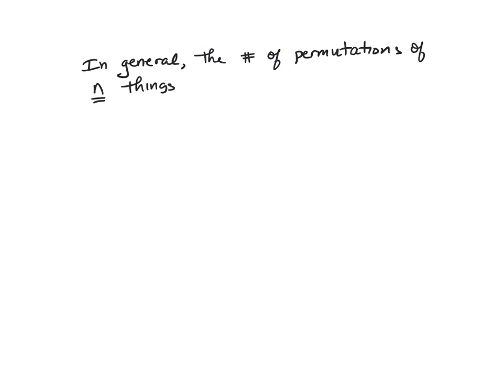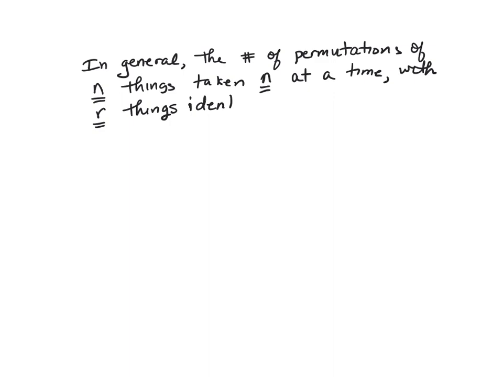In general, the number of permutations of n things taken n at a time with r things identical is given by n factorial divided by r factorial, which is really interesting.